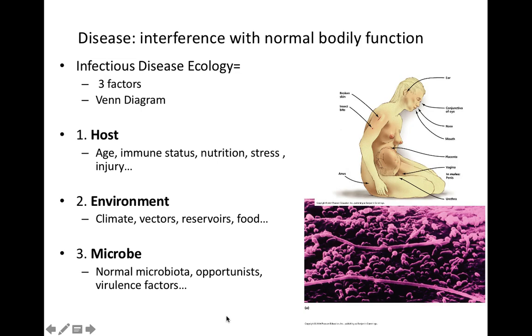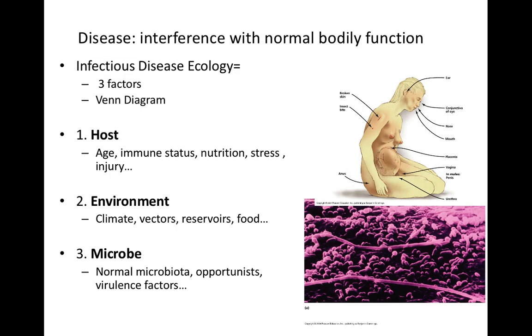But some of them, for example the yeast Candida albicans, if given the opportunity, can switch from being a commensal to becoming a parasite causing harm. So we always need to think about the normal biota, the normal microbiome, and whether, if given the opportunity, it could cause harm.